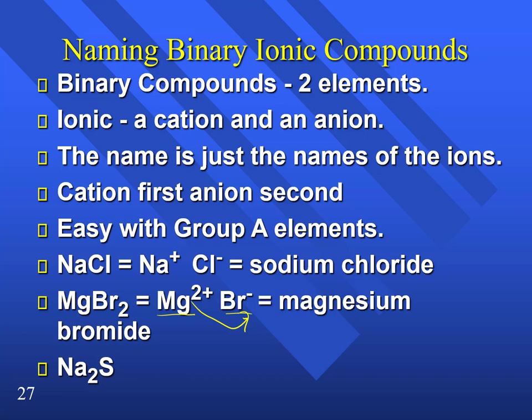Na is in group 1A. Doesn't need Roman numerals. So I can just write sodium. The negative piece of this is S. S is sulfur, but the negative pieces I change the ending to ide, so this is sulfide. So the name of that is sodium sulfide. Pretty easy? Told you, group A's are easy.